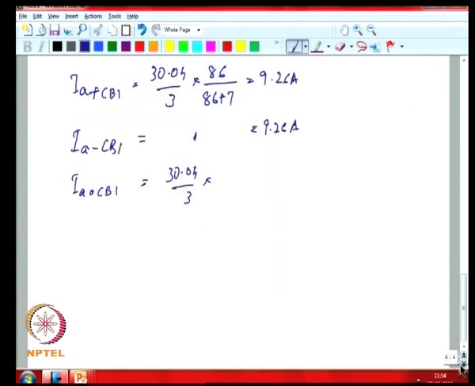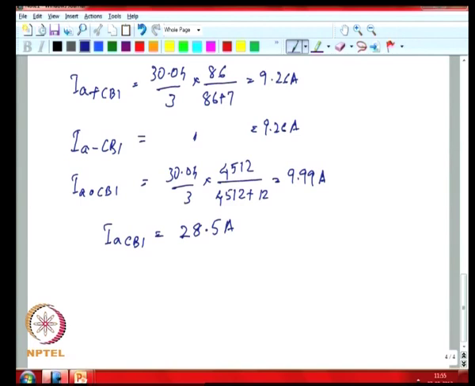So, you could take your current split as such, and then calculate your IA through CB1 by going from the sequence to phase transformation. So, it is IA plus plus IA minus plus IA 0. So, this is 28.5 amps flowing through phase A of circuit breaker 1.